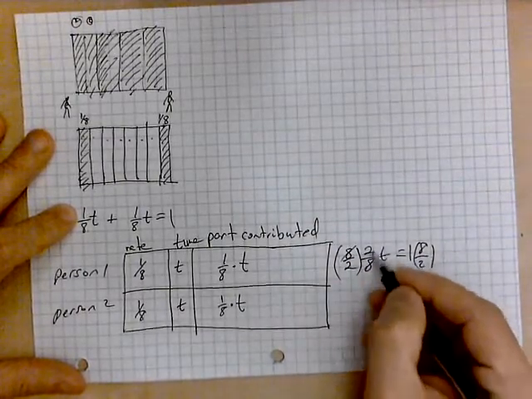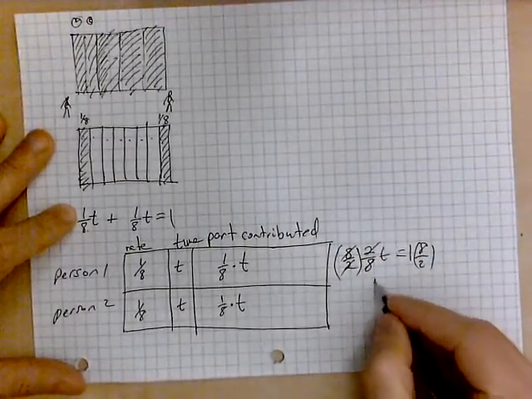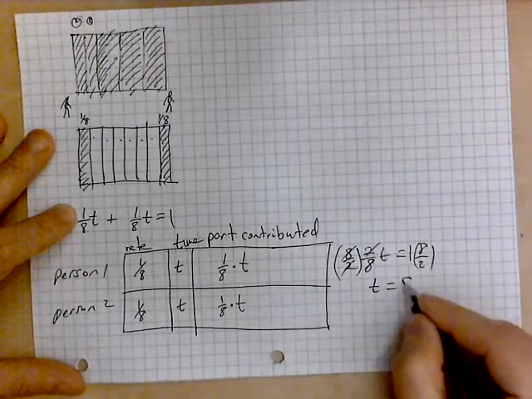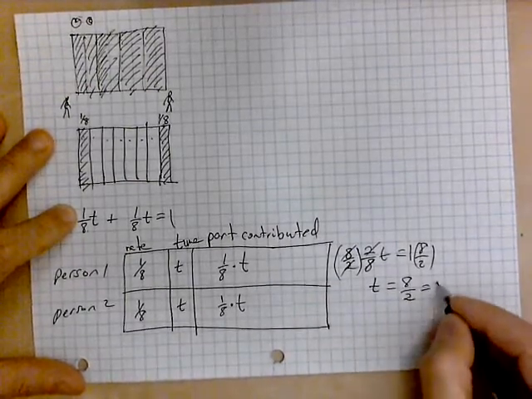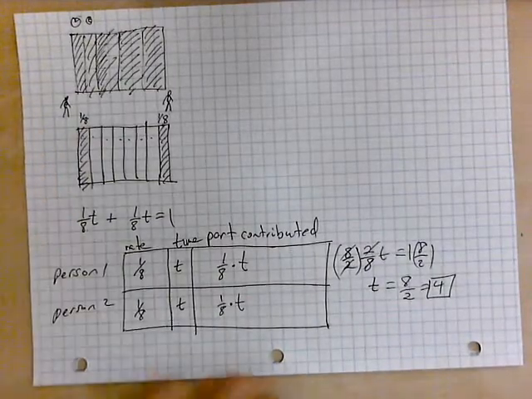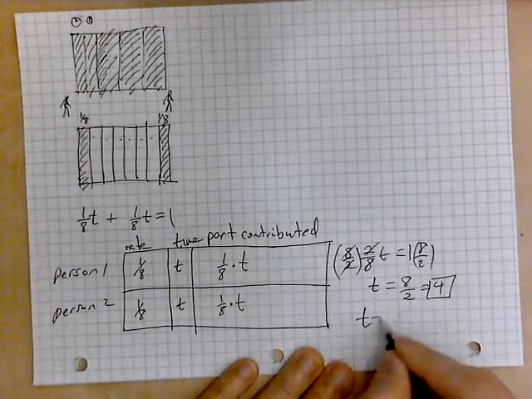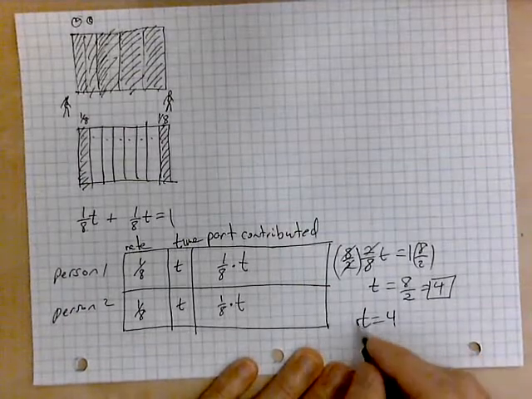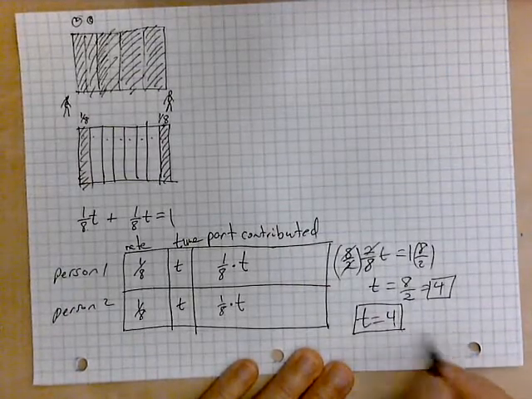Then you cancel the 8 and the 2, and all that remains is t equals 8 over 2, which of course we know is the number 4. So this means that the two people working together take 4 hours to complete the task.